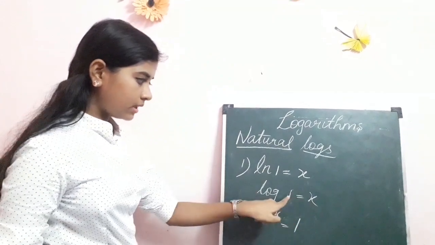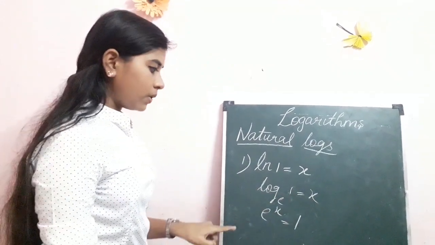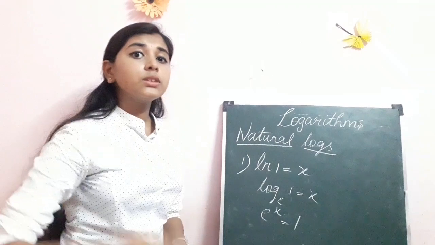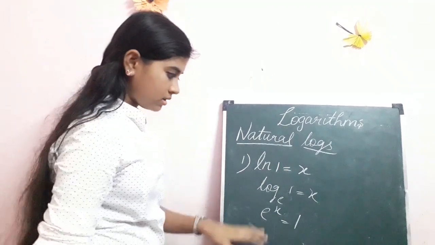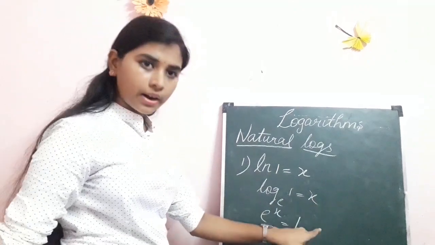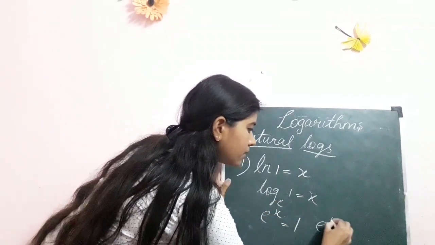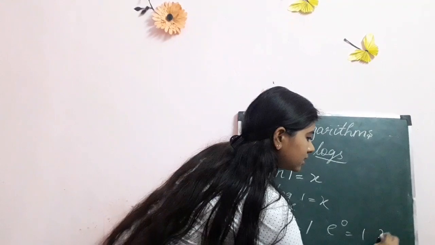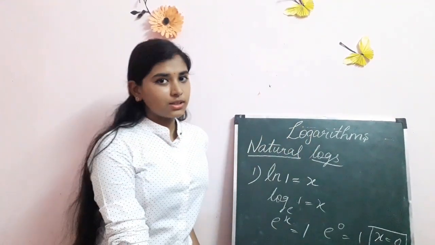Okay. So we know that anything to the power 0 gives you 1. So my x is 0, right? So e to the power 0 gives you 1. X is 0. Clear? Wasn't it so easy?